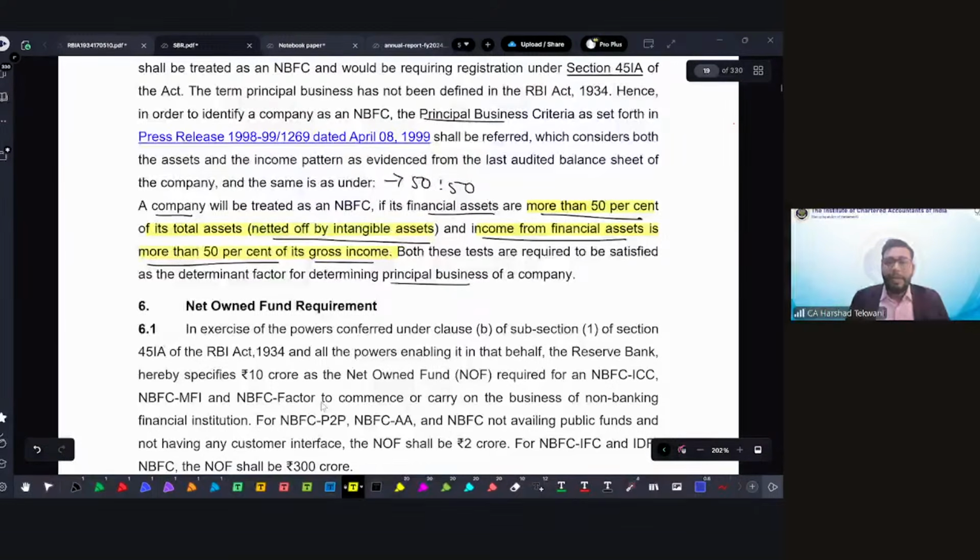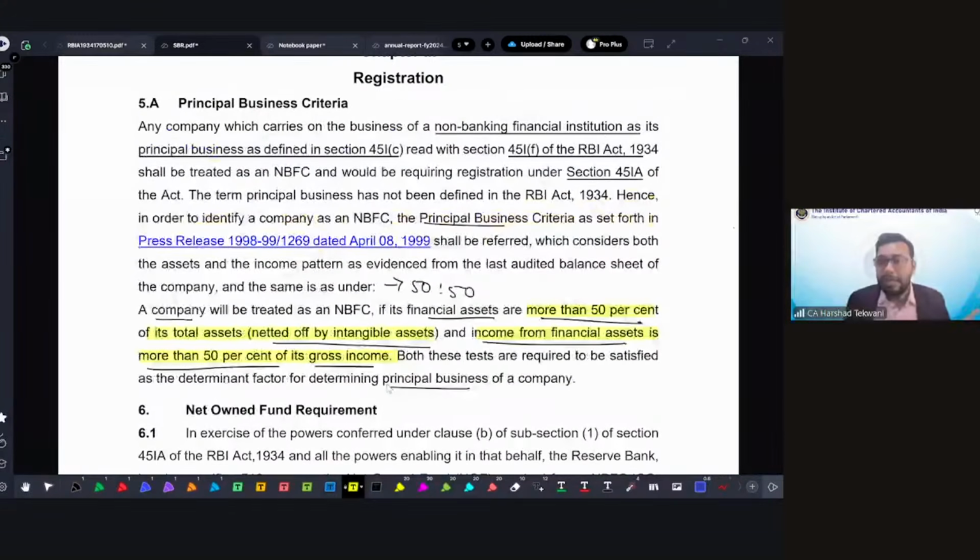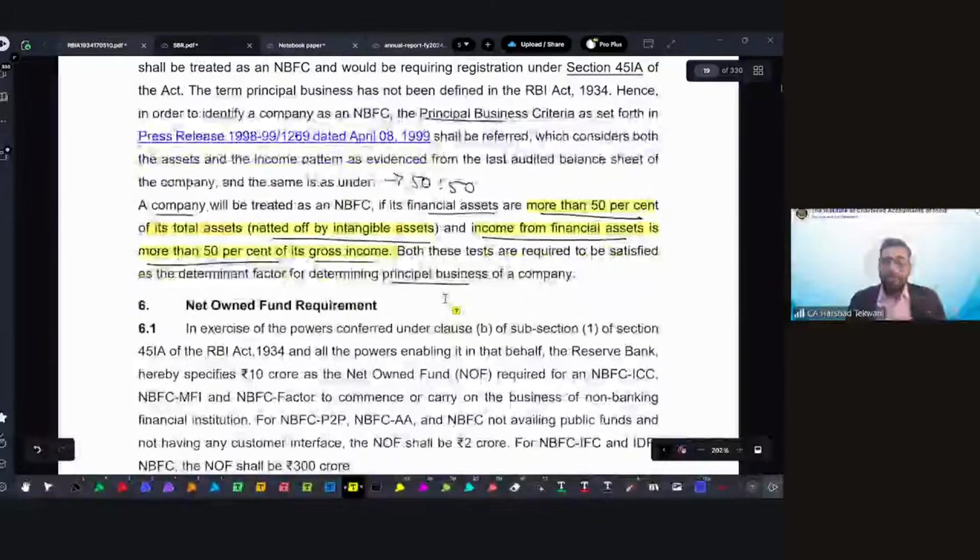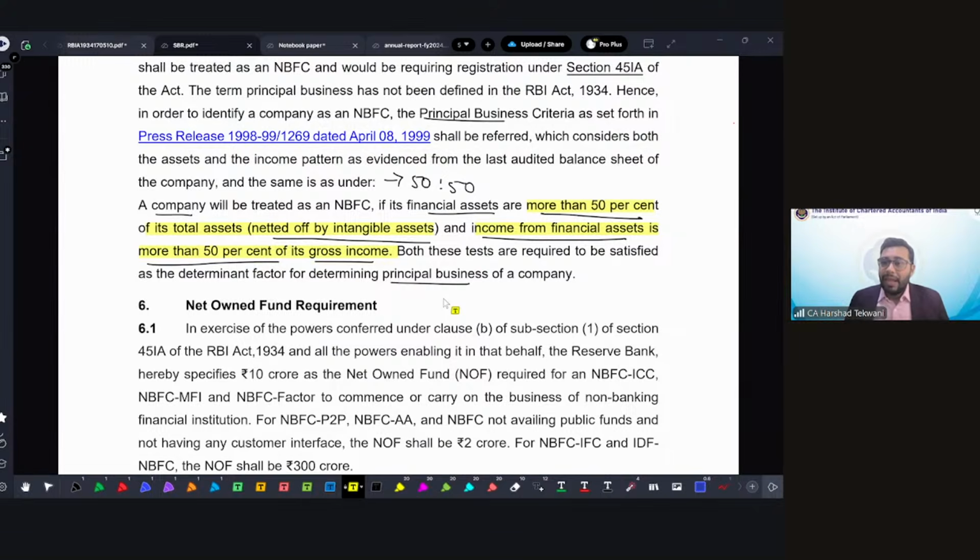So if a particular definition like financial asset is not appropriately defined over here, you can refer to the financial asset definition in the Companies Act or the accounting standards. That is the definition we have to borrow for the term financial assets. And the income from that financial assets more than 50%.